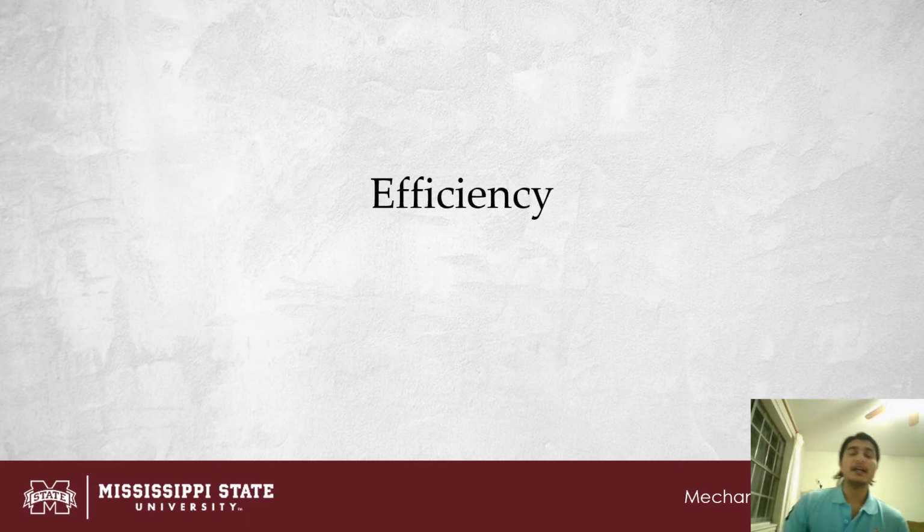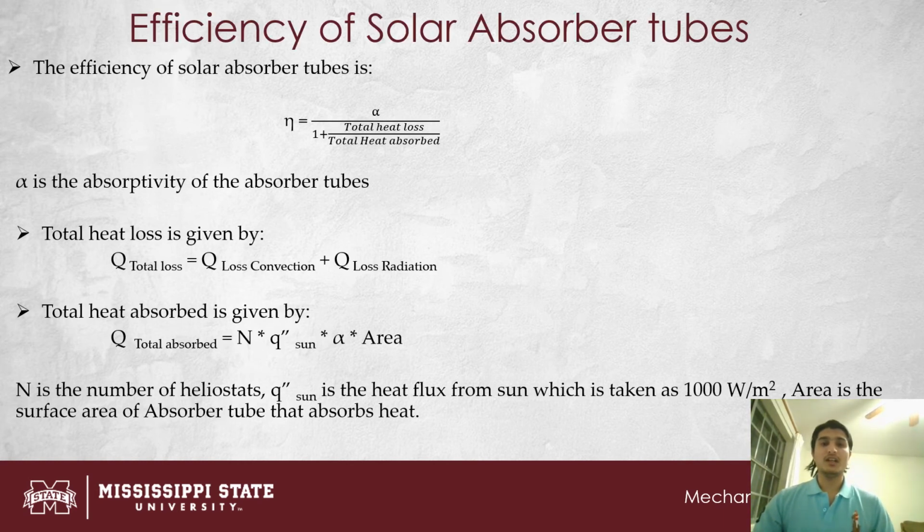So after doing that, I also tried to calculate the efficiency of the solar absorber tube in this condition. The efficiency of the solar absorber tube can be calculated by this formula, which says the efficiency equals absorptivity divided by 1 plus total heat loss over total heat absorbed, and total heat loss is given by the total heat loss by convection plus total heat loss by radiation.